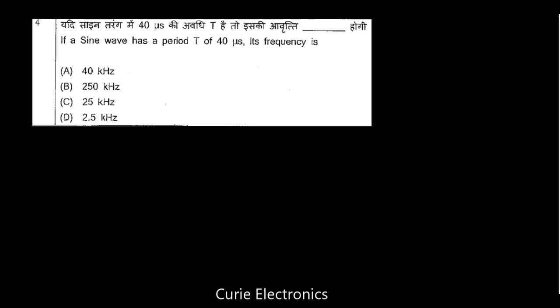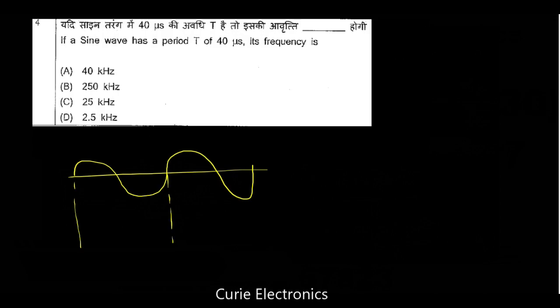If a sine wave has a period T equal to 40 microseconds, its frequency is? We have to find the frequency, but the time period is given: 40 microseconds.